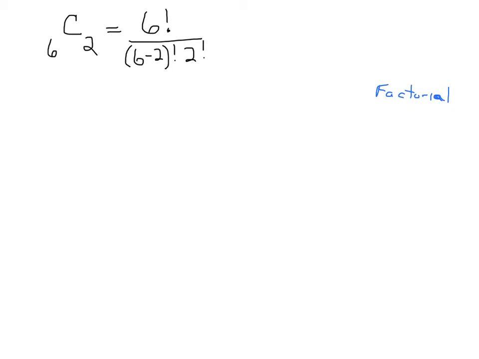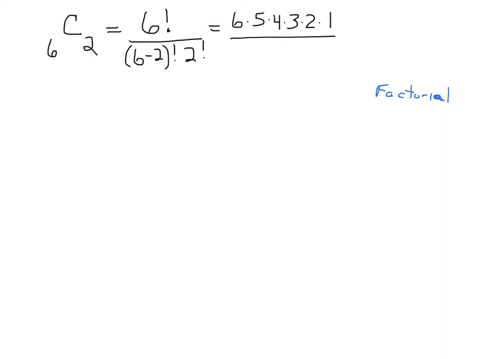So 6 factorial means 6 times 5 times 4 times 3 times 2 times 1. Now underneath, 6 minus 2 is 4, and now I need 4 factorial.